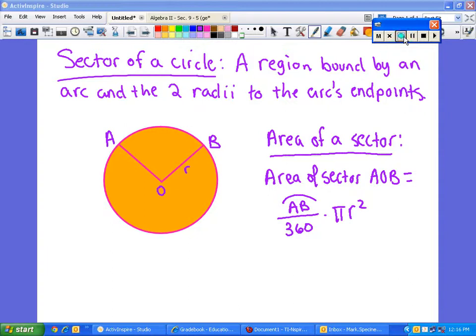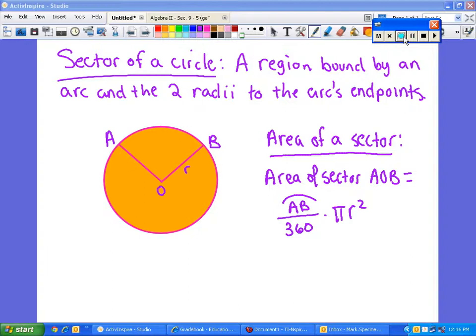But we don't want to know the whole circle. We want to know just a portion. So we take the measure of the arc. Remember the total circumference of the circle is 360 degrees. So we take the distance of the arc and we divide it by 360.